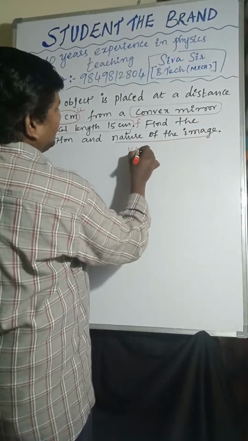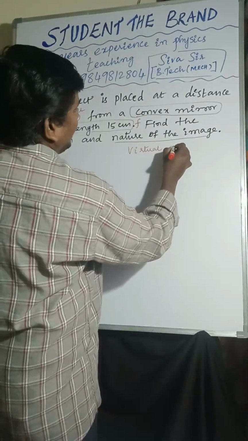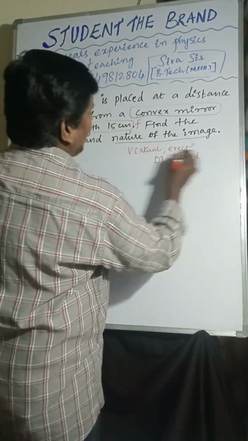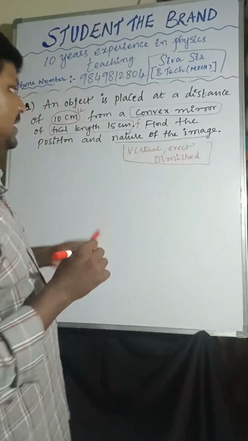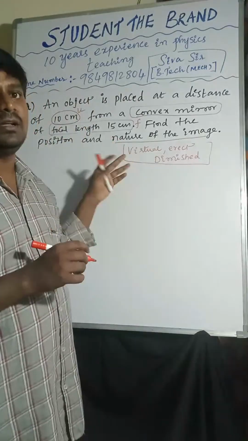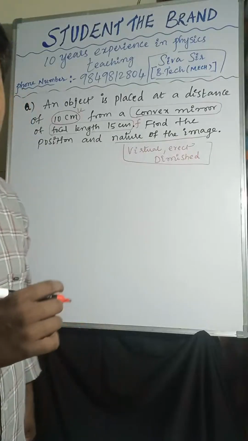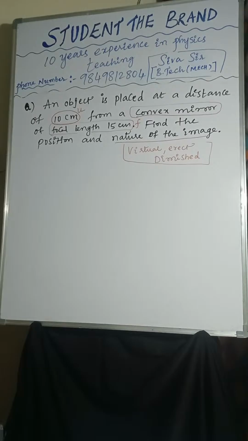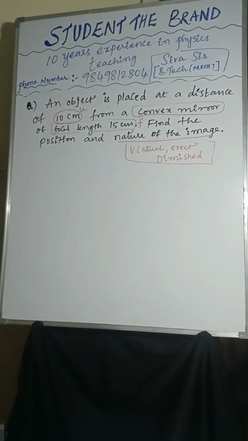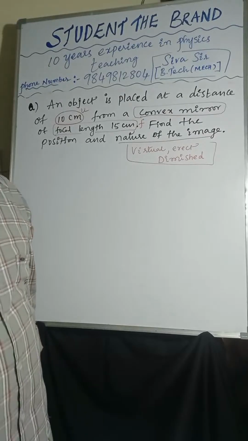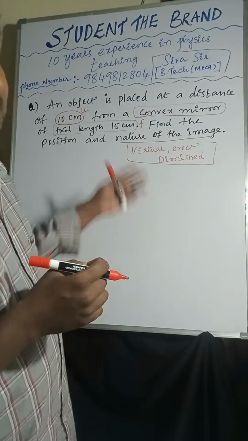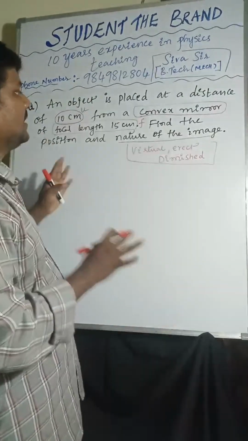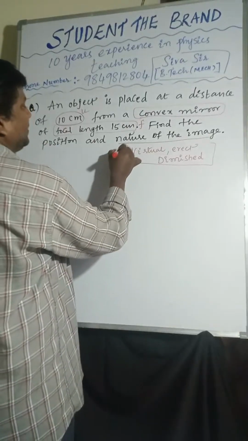That is sure. Why diminished? If you know the nature of the mirrors, we can identify it easily, without solving also. Because it's a convex mirror, right? What type of image will form in a convex mirror? Always a virtual, erect and diminished image. That is sure. Very, very important.